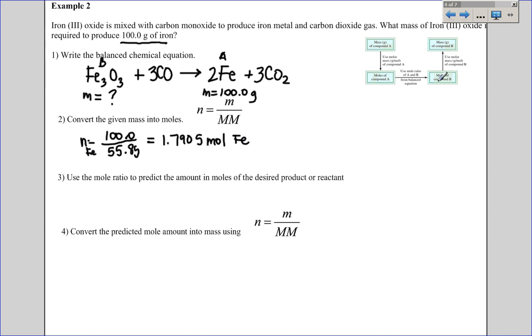Step 2 is to apply the ratio. The ratio here, for every 2 moles of iron, there is 1 mole of the iron oxide. I'm looking for the iron oxide.